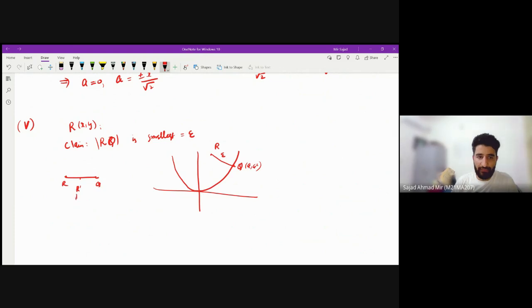And if I claim that my R dash is the point from which the distance to Q is smallest, then I can give you a smaller distance with R double prime. In this case, no such R can be found.